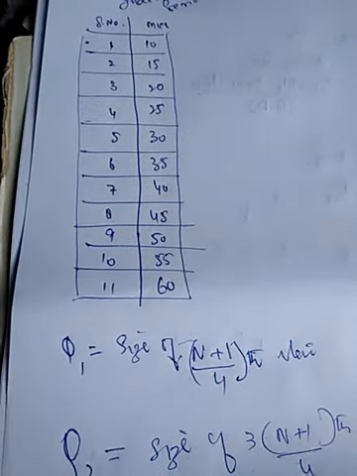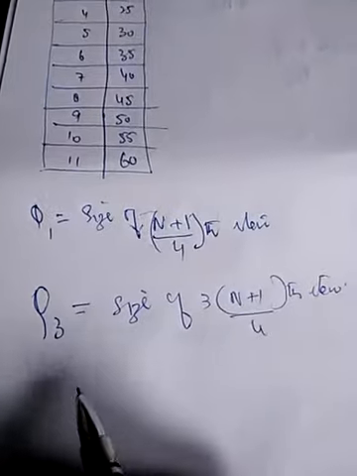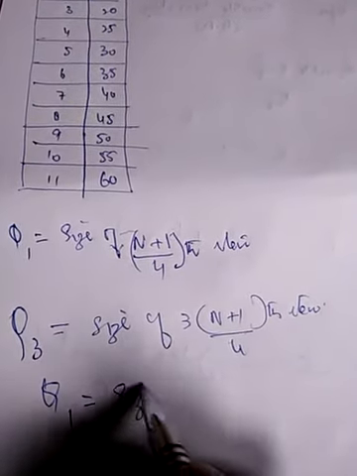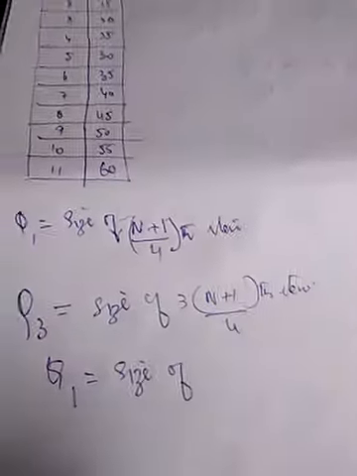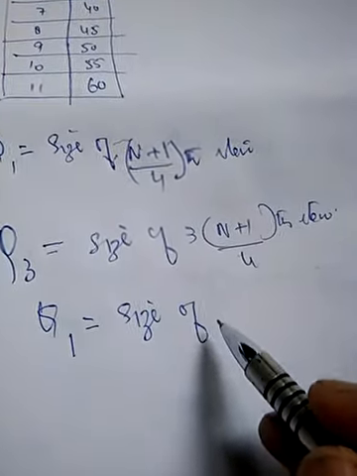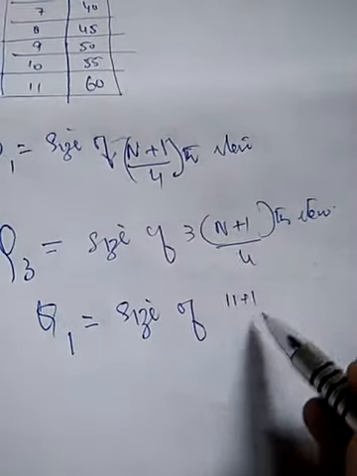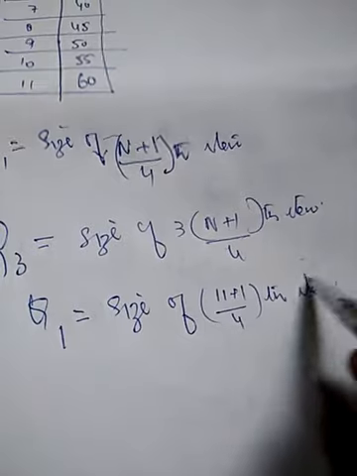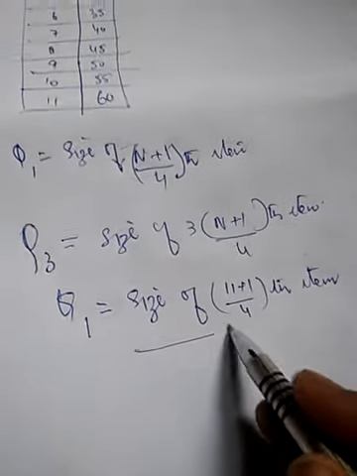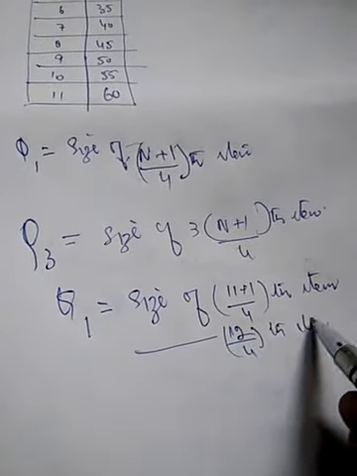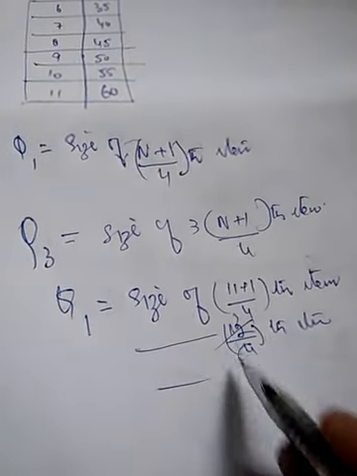Now substituting these values, you will get Q1 will be equal to size of n plus 1 upon 4th item. N is 11 plus 1 upon 4th item, that is 12 upon 4, that is 3.